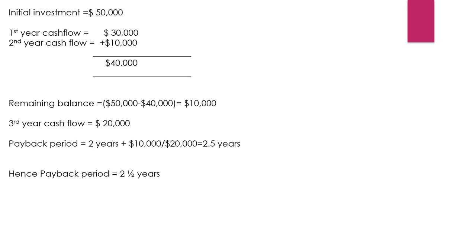So for example here, it was 2 years plus the remaining, which was $10,000, divided by $20,000, and the answer you get is 2.5 years. Next we're going to look at the discounting technique.